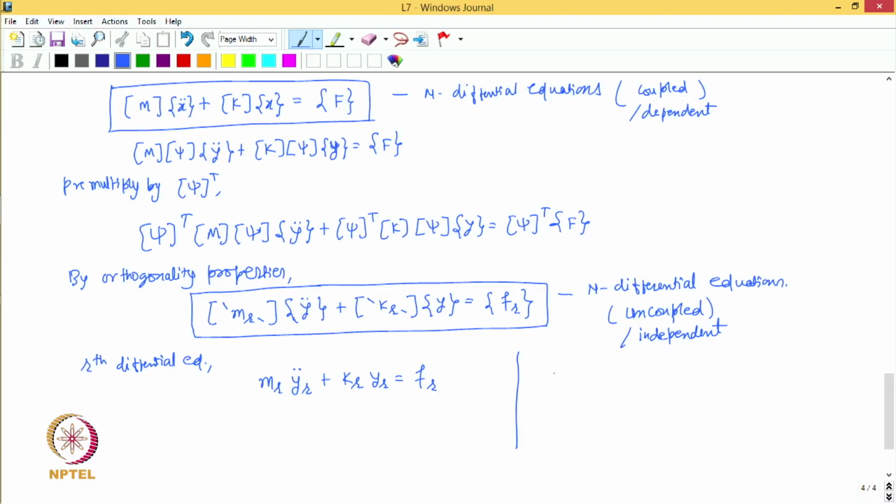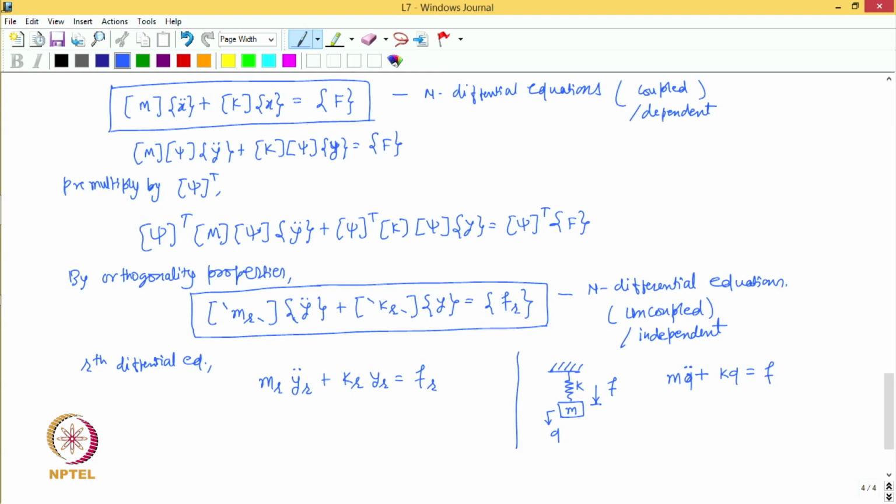If I look at a single degree of freedom system of mass m, stiffness k, and subjected to a force F, then the equation of motion, considering q as the displacement coordinate, is m q double dot plus k q is equal to F.